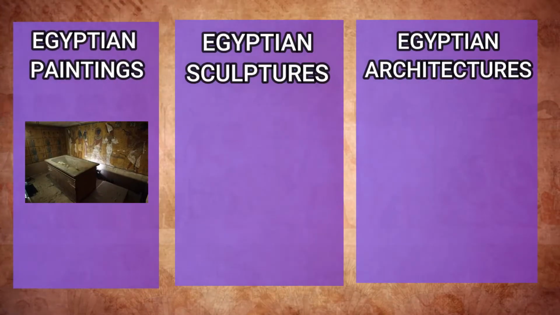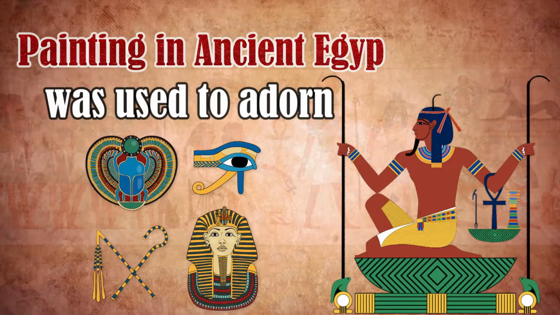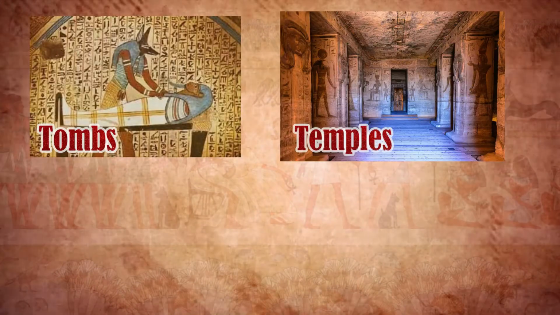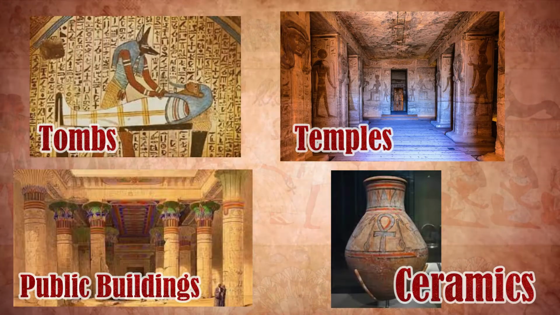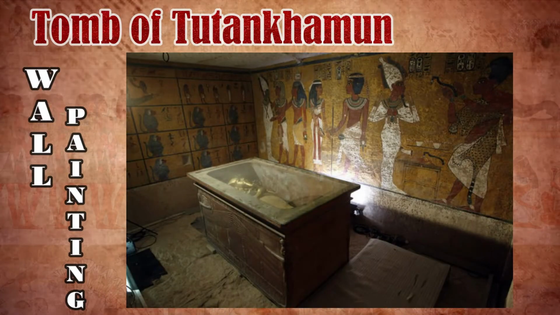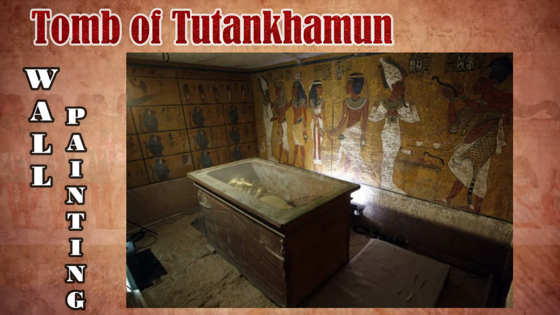Now, we're traveling to Egypt more than 2,000 years ago, the age of great pharaohs. Paintings from ancient Egypt. Painting in ancient Egypt was used to adorn tombs, temples, public buildings, and ceramic. An example of this is a wall painting from Tutankhamun's tomb.